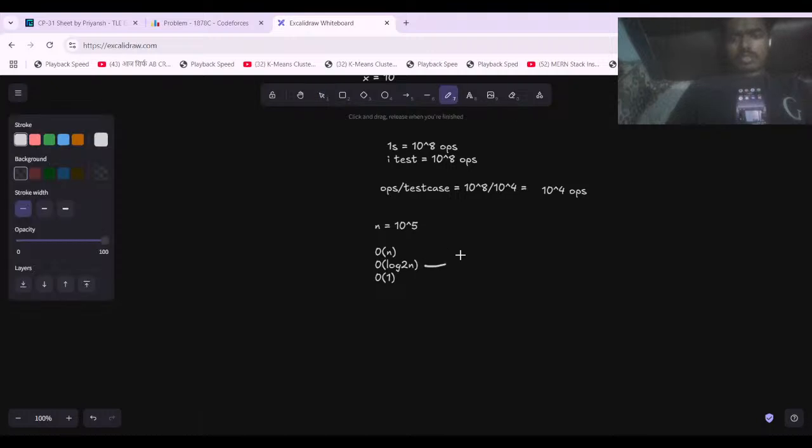Big O n will not work, anything above that, n square, n cube, will not work. So this tells me this needs a log factor of calculation or a constant calculation, and this is where I have a decent guess of what the problem requires.